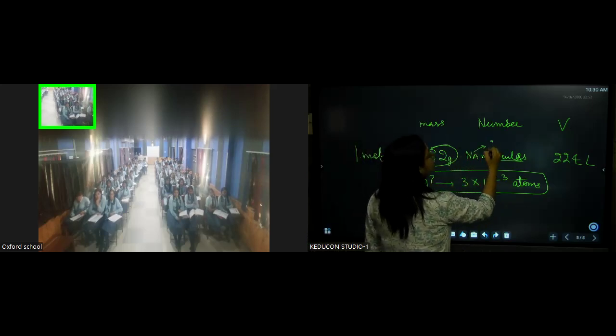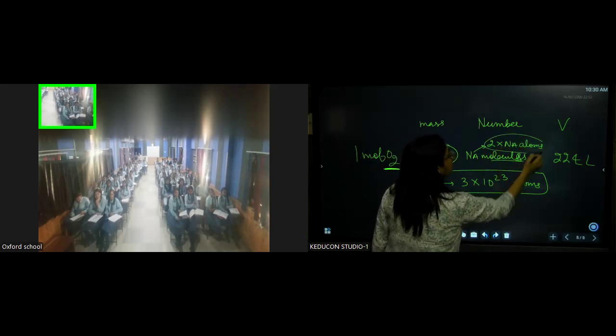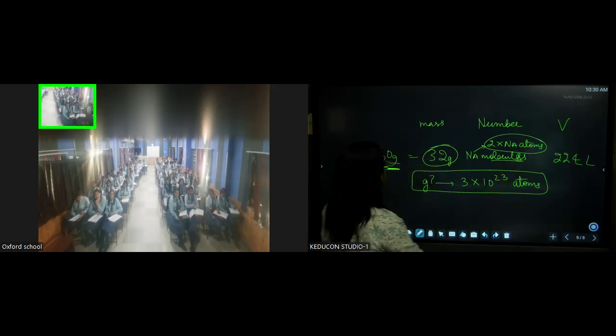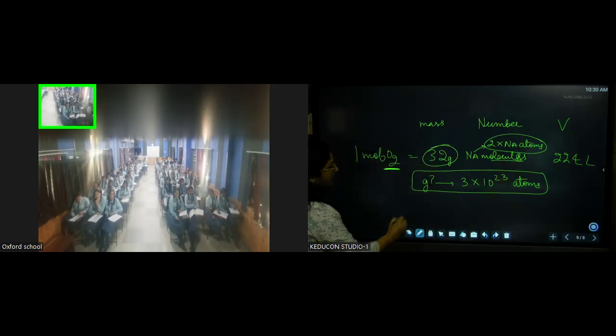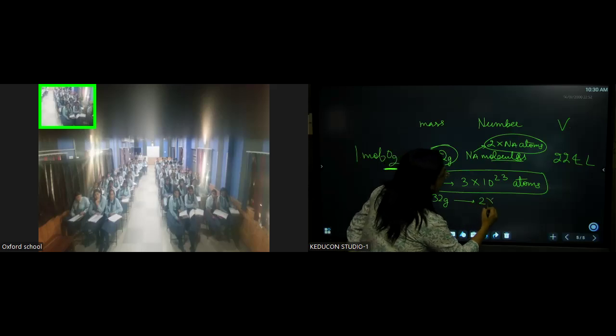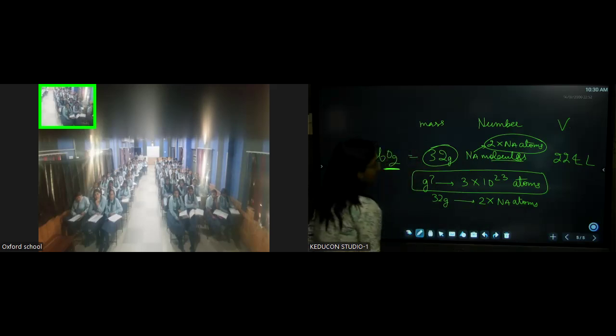This will be equal to 2 into Avogadro number of atoms in it. So 2 into Avogadro number of atoms are present in 32 grams. So 32 grams has 2 into Avogadro number of atoms.